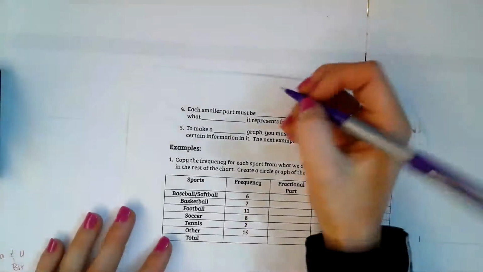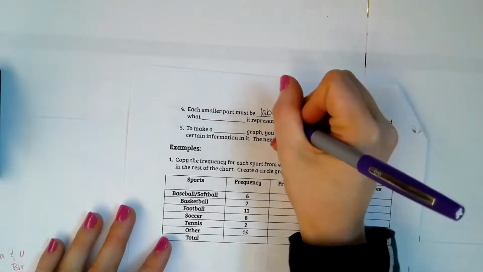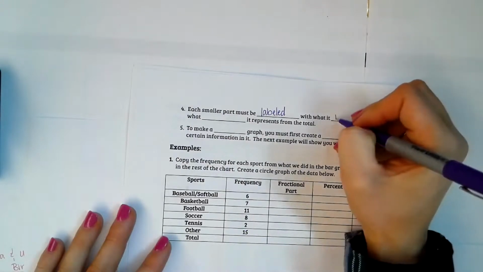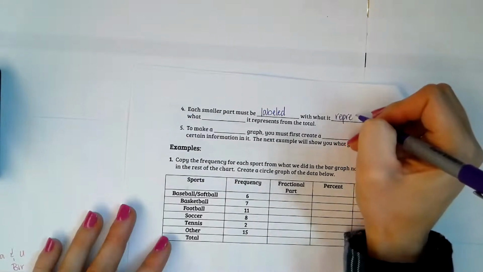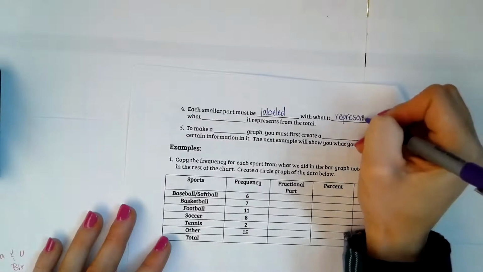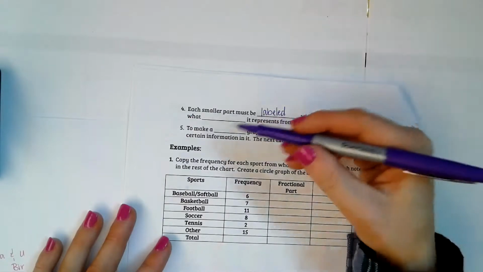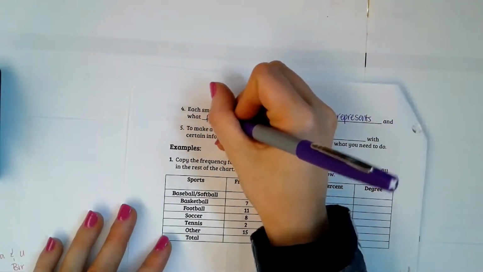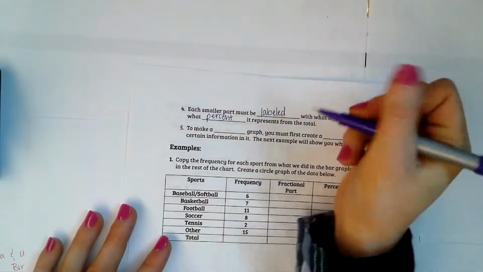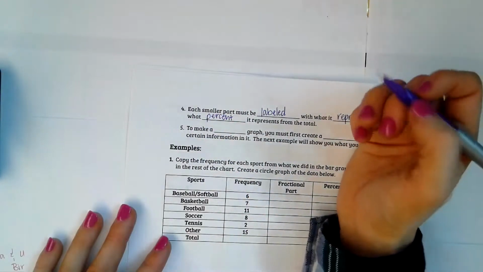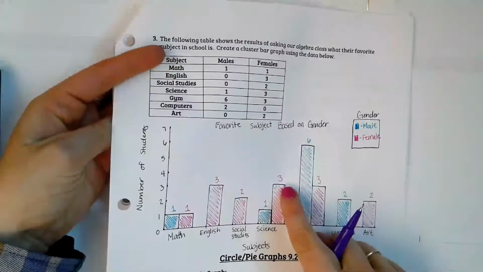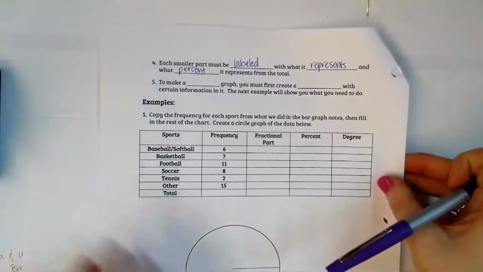So each smaller part must be labeled with what it represents and what percent it represents from the total. Kind of like how we put the numbers above our bars in our bar graph, you need to have your percentage on each wedge of your circle graph.